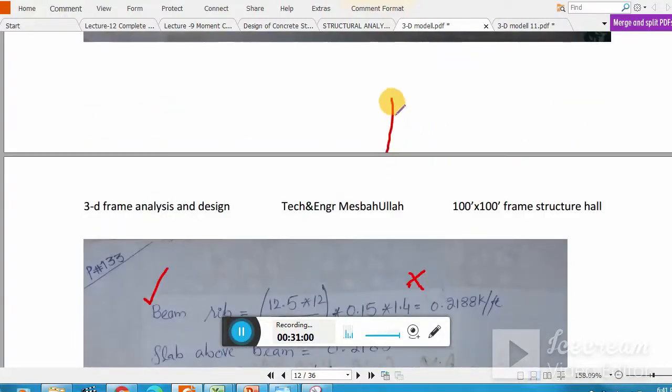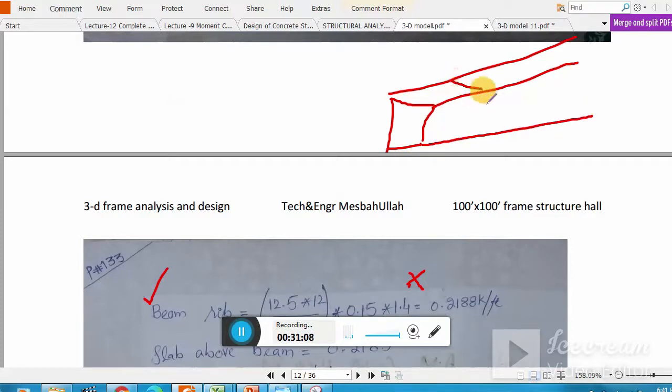Now 1.4 is the factor, and you also need to multiply it with linear feet, because remember, if you have a beam in this direction, let's say this is a 3D view, we are considering one linear foot length of the beam, not the whole beam. We are only considering 1 foot length of the beam.